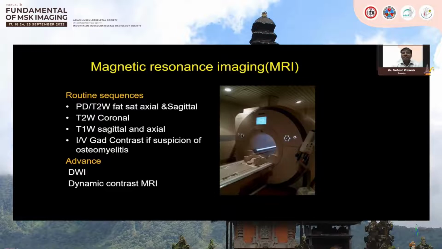However, if you suspect osteomyelitis, contrast may be needed. In our institute, we always try to give contrast when osteomyelitis is suspected, unless there is a contraindication. Advanced imaging like diffusion weighted imaging and dynamic contrast enhanced imaging can be done depending upon the situation.